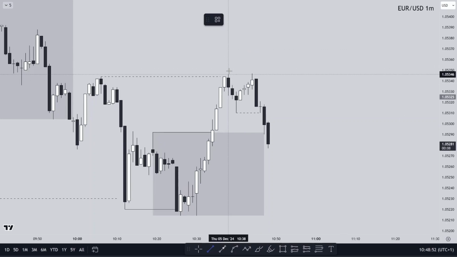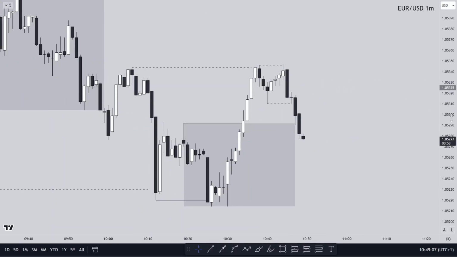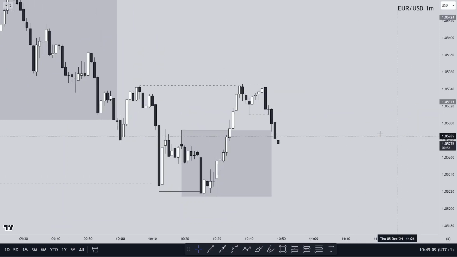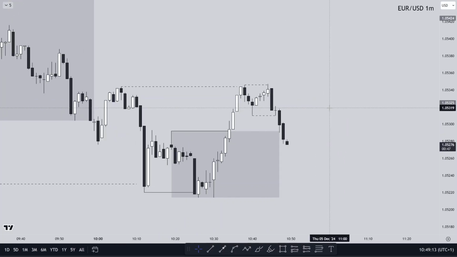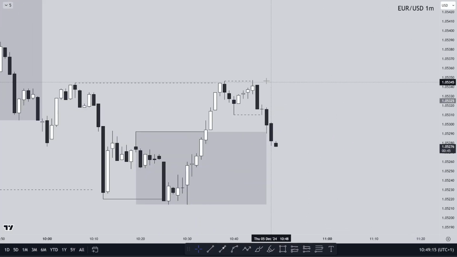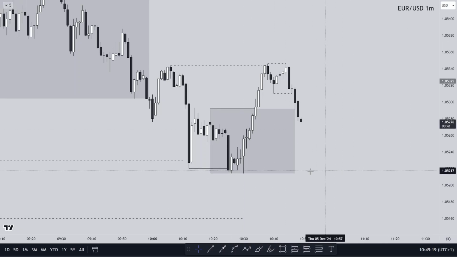It didn't break this level, and after that taking of liquidity, it drops. So it's okay. It's really clear what it is doing right now. So I think now it will drop below this level.